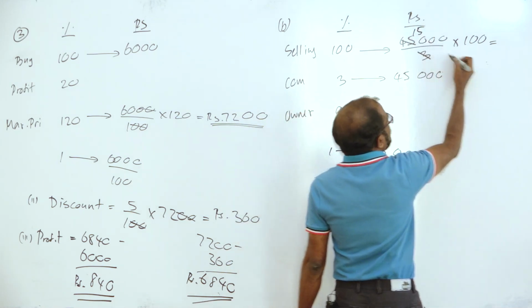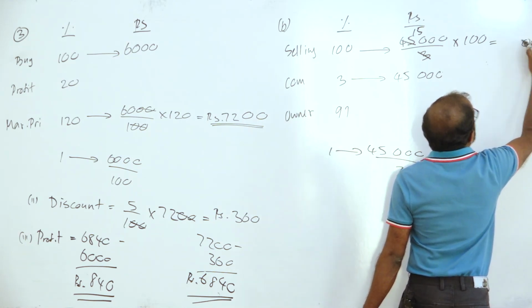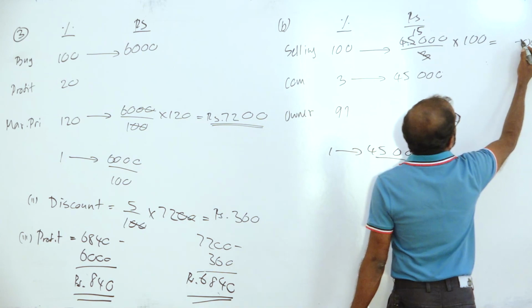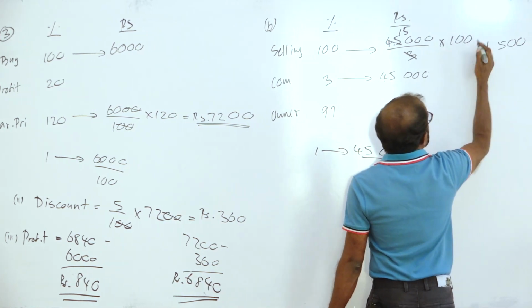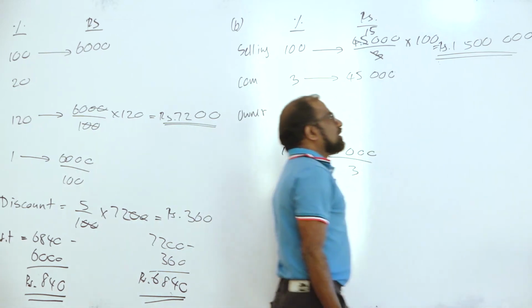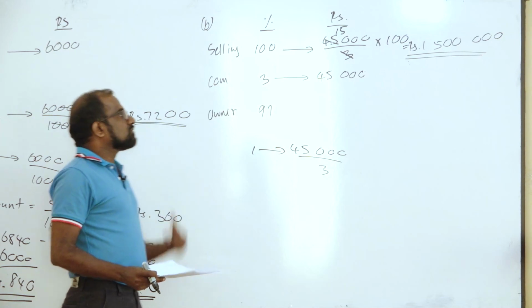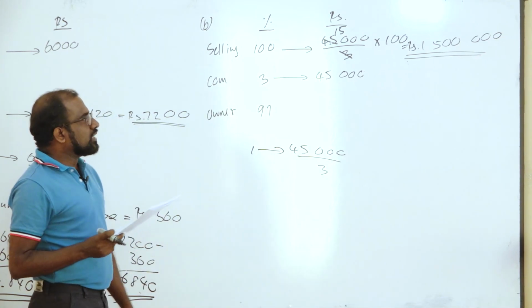How many zeros? 5 zeros. 15 times 1, 15. The vehicle has been sold for 1,500,000. That's 15 lakhs, or 1,500,000.